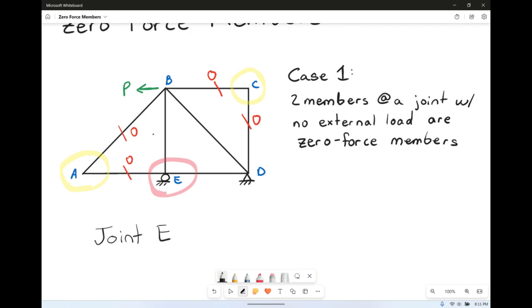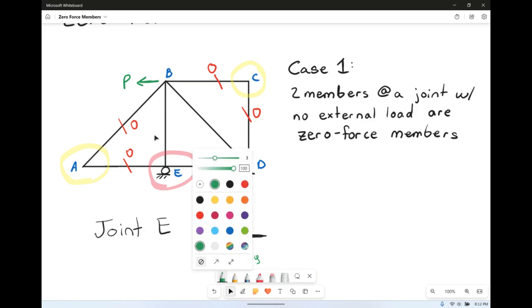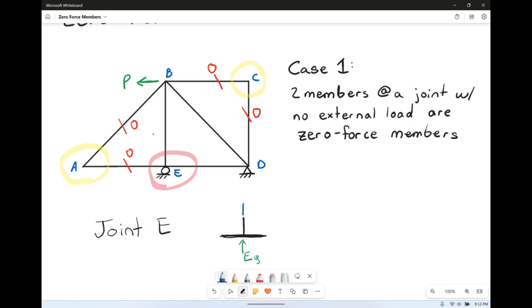So at joint E, currently, we have the horizontal member and the vertical member, and we have a reaction, EY. He does count as an external load. So we have force BE, we had force AE, and we have force DE.